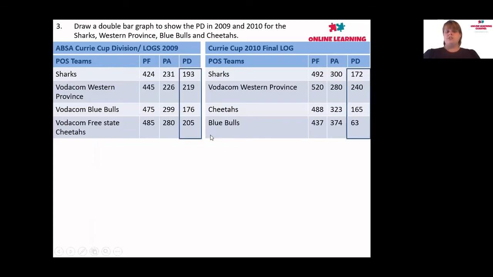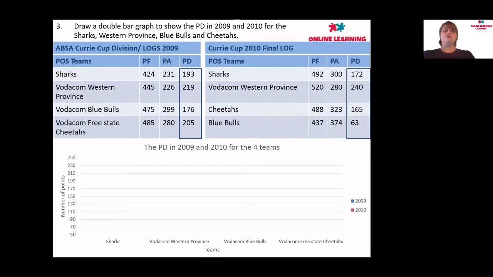I want to draw your attention to Cheetahs and Blue Bulls. Do you see here they are swapped around? So you need to remember that when you draw the graph, you can't just use the information as is. You need to check whether the teams are corresponding. If they are not, you need to use the correct information for the teams.